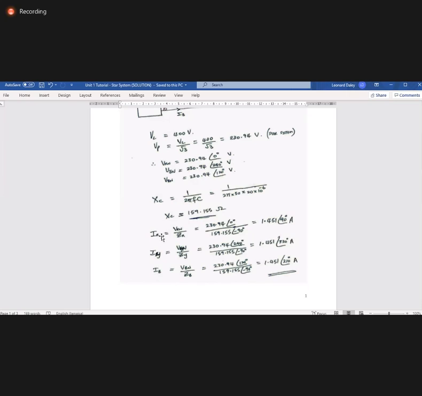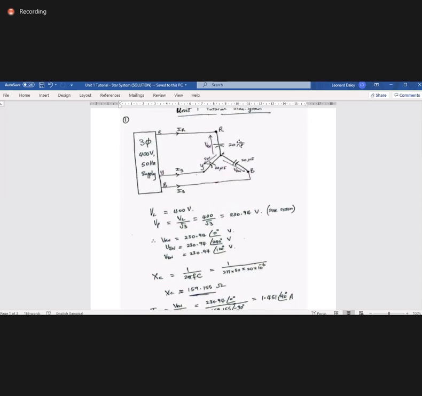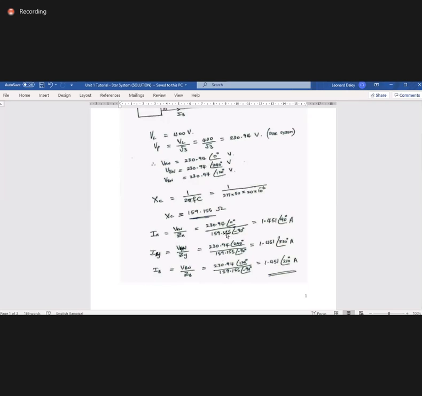So the red phase current is the red phase voltage divided by the impedance in the red phase. The impedance is the same in each of the phases because all of them are 20 microfarad. So VR is 230.94 at angle 0.